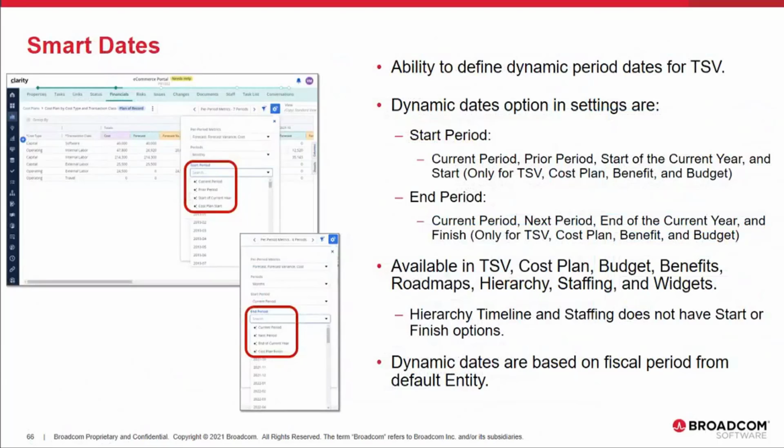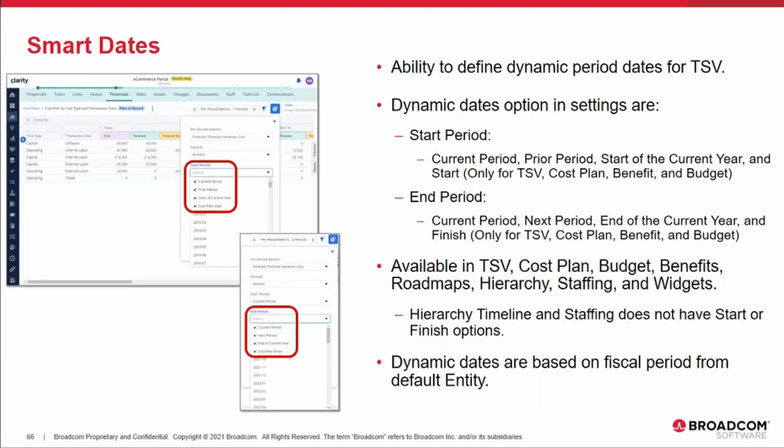The dynamic date options in the settings are as follows: the start period will have the option to select current period, prior period, start of the current year, or the start of that current type, which would be for a TSV, cost plan, benefit, and budgets. The same for the end period. You can select the current period, next period, end of the current year, or finish of that specific type, such as the TSV, cost plan, benefit plan, and budget.